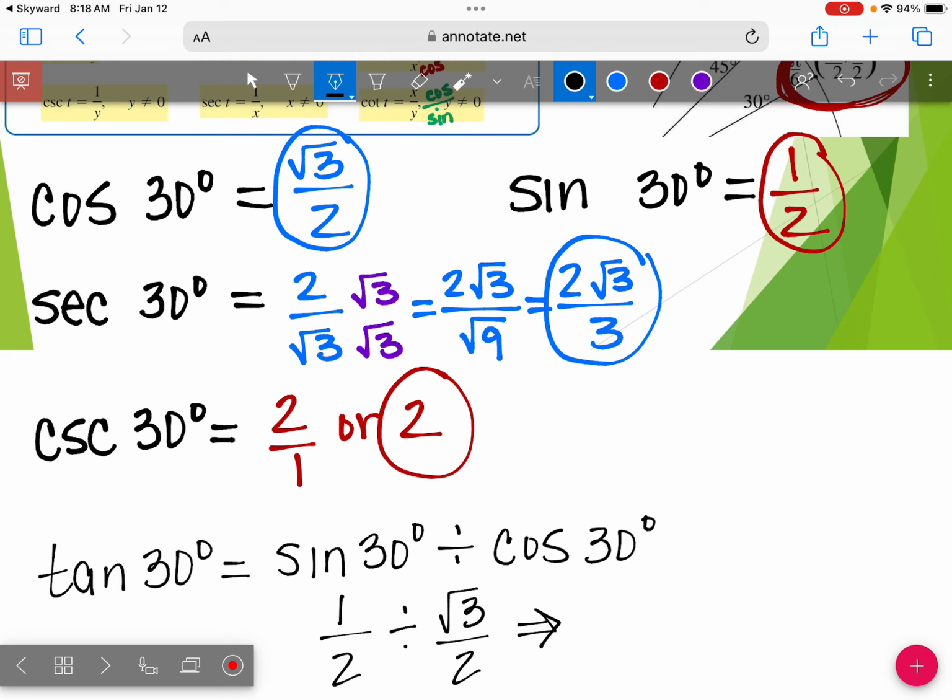Keep, change, flip. I don't know, maybe that's not how you all learned it, but you keep the first fraction. So this 1/2 is going to stay 1/2. And then we're going to change the division sign to a multiplication sign. And then we flip our second fraction.